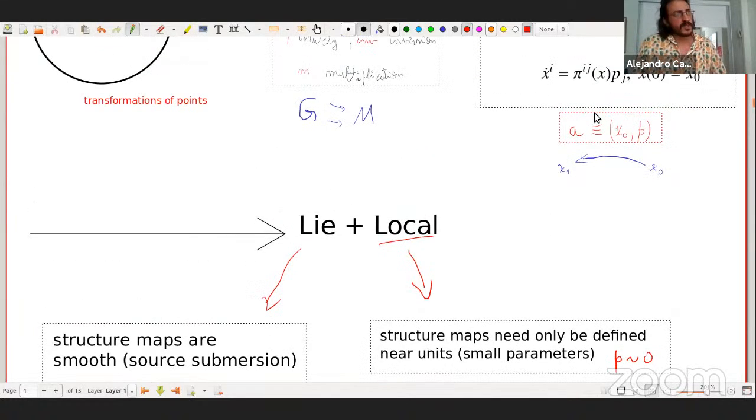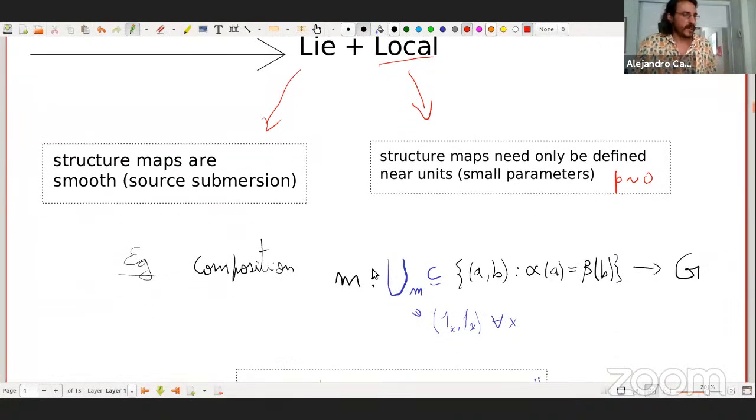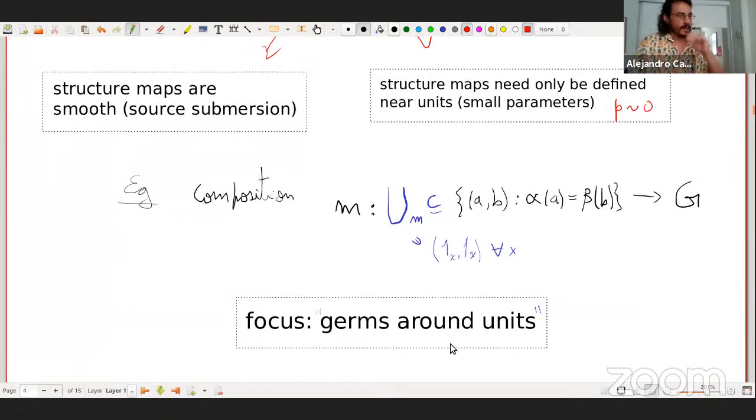So in this picture that I was saying, we only have groupoid structure maps for small parameters P. So just to give you a flavor of how this works, composition is not defined for all composable arrows, but just on an open subset that contains these composable identities. And the size of this open neighborhood is not relevant for us. So one formal way of addressing this is that we will be focusing on the germ of the structure.